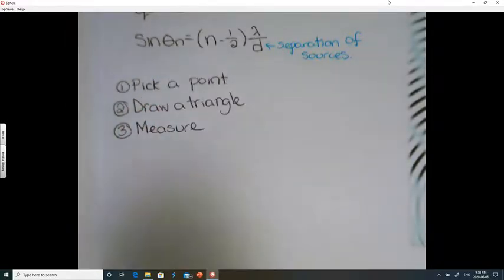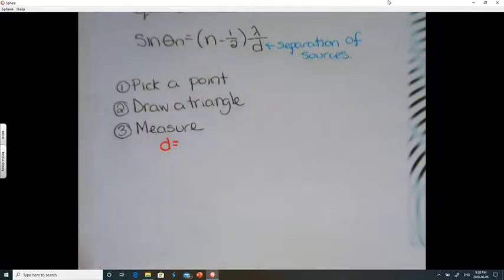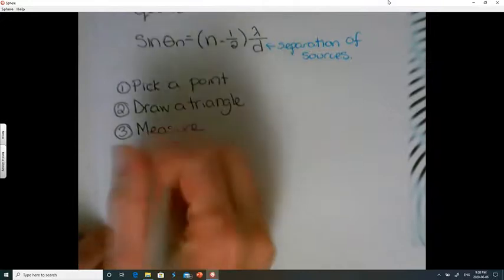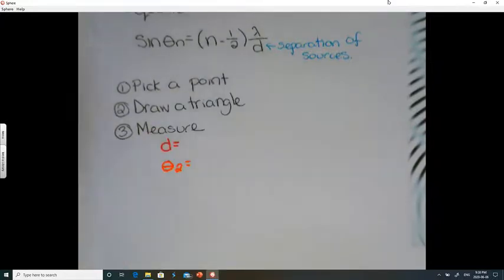So we're going to measure d, and that will be with our ruler, and we're also going to measure theta 2, and that would be with a protractor. Now, if you don't have a protractor, because I know a lot of you might not have those at home, you might have to get a little bit creative with your primary trigonometric ratios.